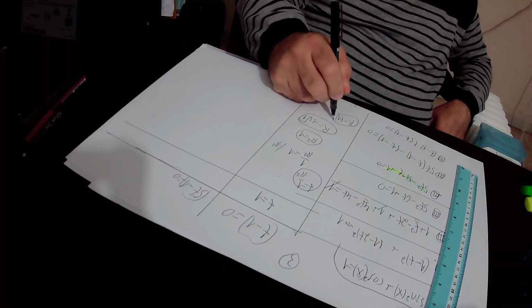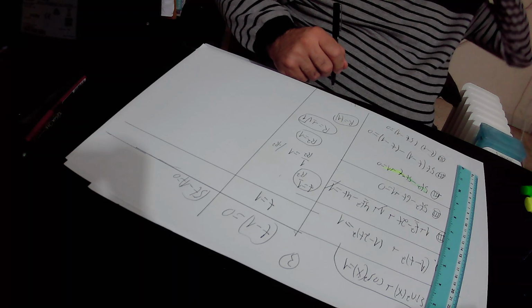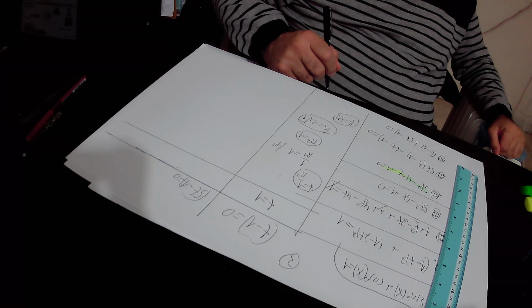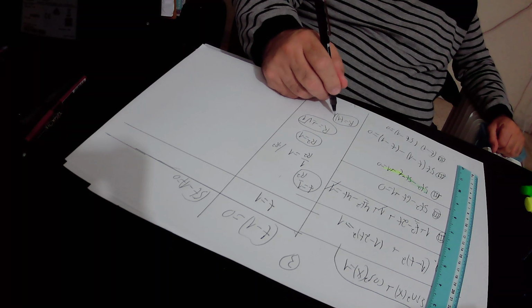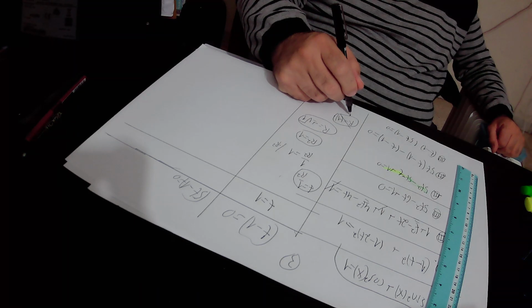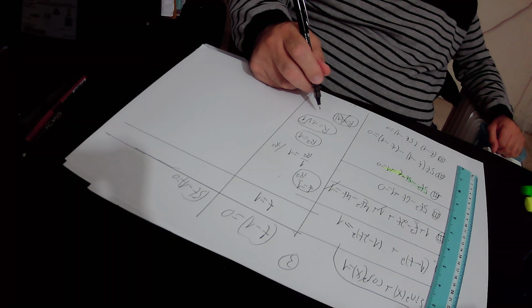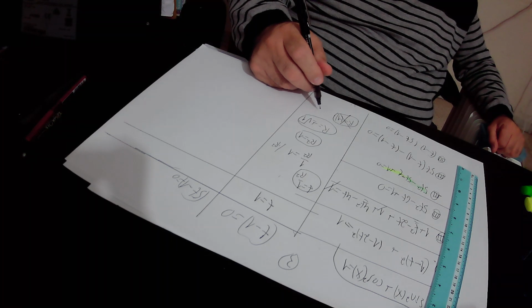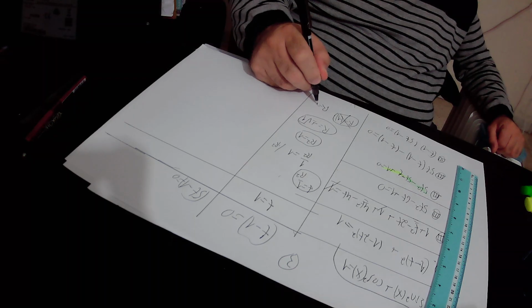But because r is a length, and a length must be a positive number, r cannot be equal to minus 1. So we cancel this solution, and we are left only with the second solution, that r equals the positive square root of 1, that is 1. So r equals 1 unit.